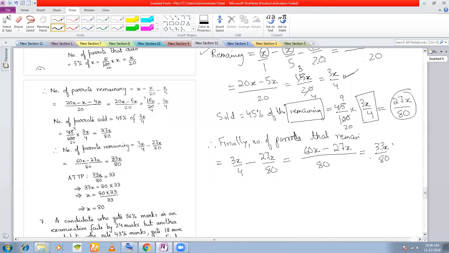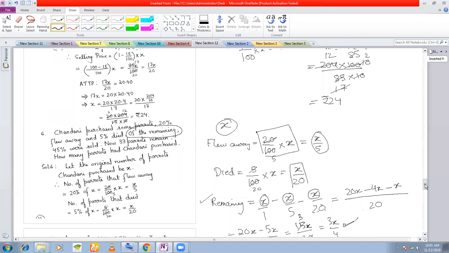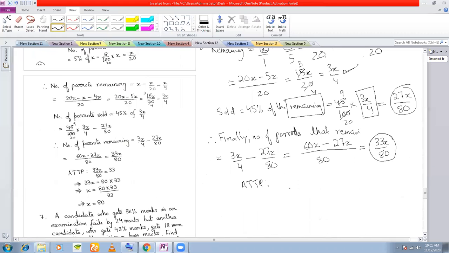So this number, whatever is parrots remain, this must be equal to how many parrots remain here? It is given 33 parrots remain. So therefore, this 33x by 80 must be equal to 33. So now you can calculate. So therefore, 33x is equal to 80 into 33, and therefore x is equal to 80 into 33 divided by 33.